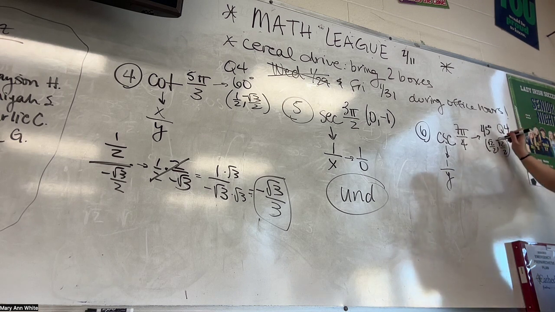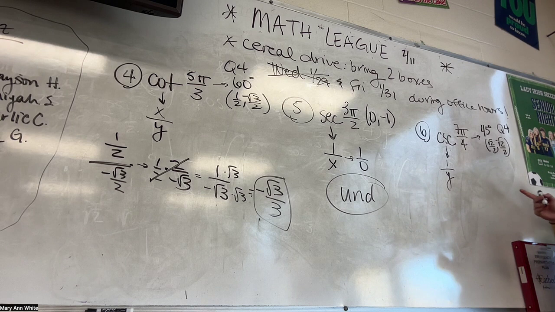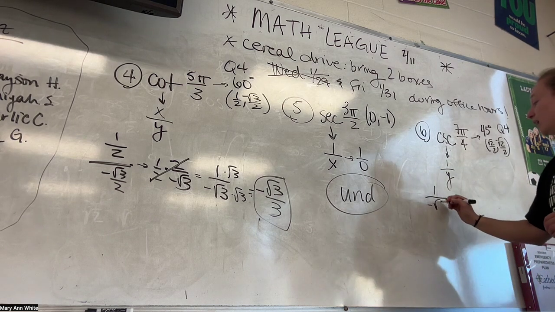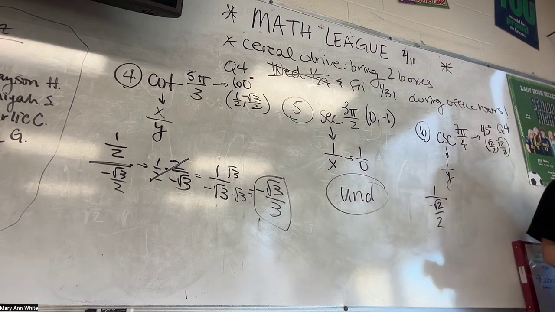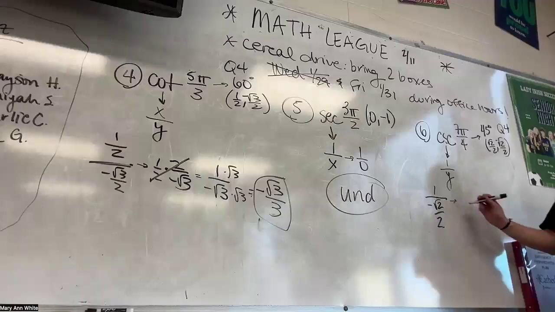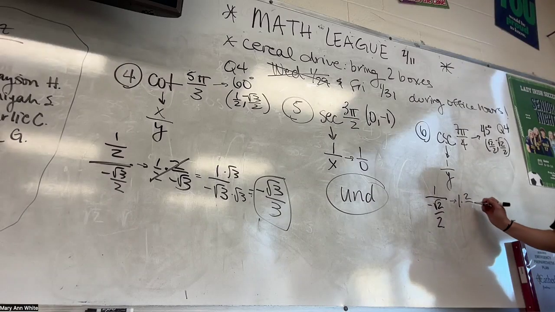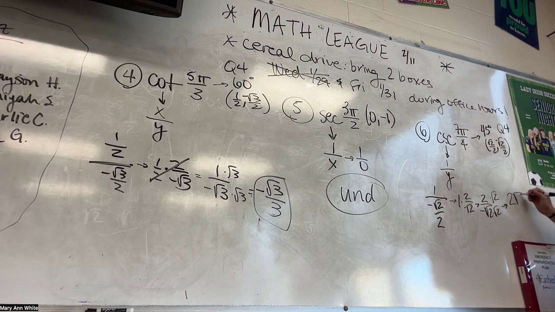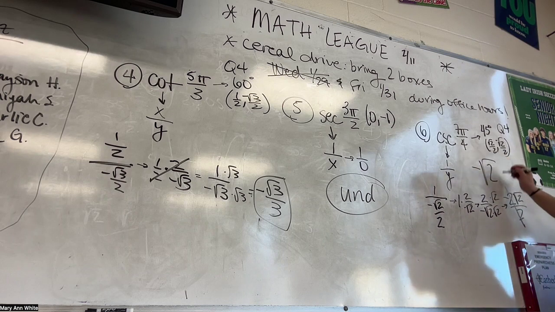So that means my y is negative. So I'm going to do 1 over y, which is 1 over -√2 over 2. Again, we've done this enough. You might know where it's going to go because I have to multiply by the reciprocal, rationalize the denominator, and simplify. And I end up just getting a -√2.